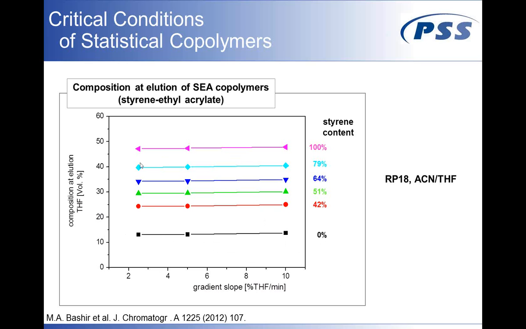If you go to other compositions, you obtain larger and larger elution volumes, or higher and higher amounts of THF that you require in order to elute from the column, and you get a very nice separation according to chemical composition, which is basically not influenced by the slope of the gradient, because the slope just shifts the critical point to a later time or to an earlier time, but since critical composition is a parameter determining the desorption of the polymer, the gradient slope should not have a strong effect.